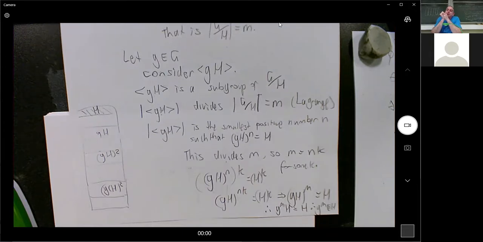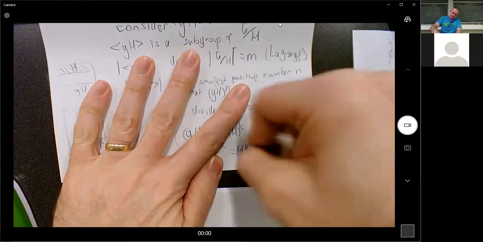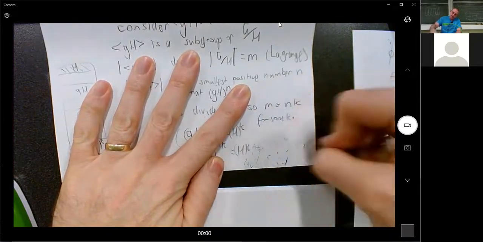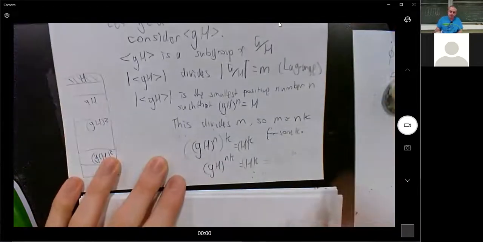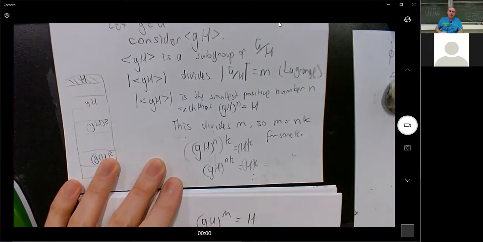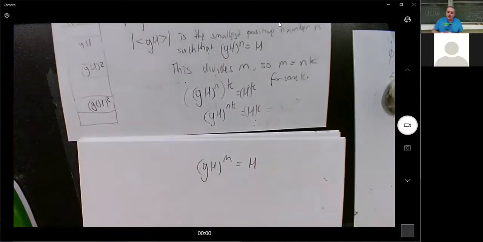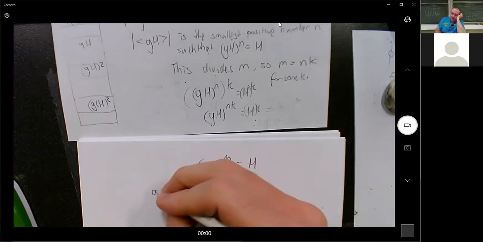So we're okay here to jump from here to here? Yeah. Okay. So this is coset multiplication.